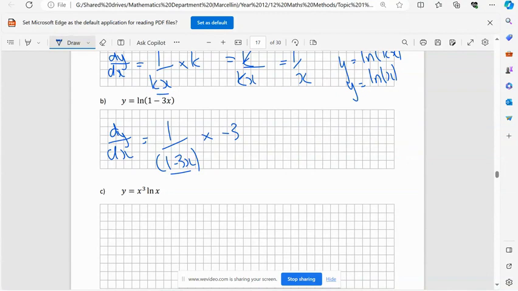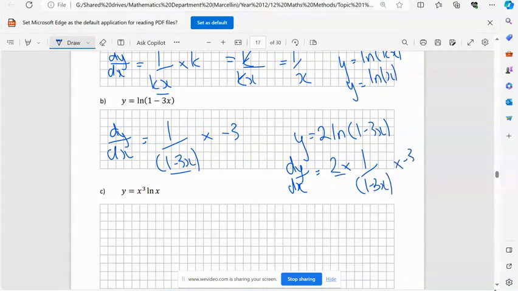All right, it's important to note there's no constants out the front. You know, if you had like y equals 2 ln 1 take 3x, okay, the constant just stays out the front, right? So you'd have dy by dx would be 2 times 1 over 1 take 3x times minus 3, right? You just need to realize that the 2 and the minus 3 are numerators, whereas the 1 take 3x is on the bottom, okay?